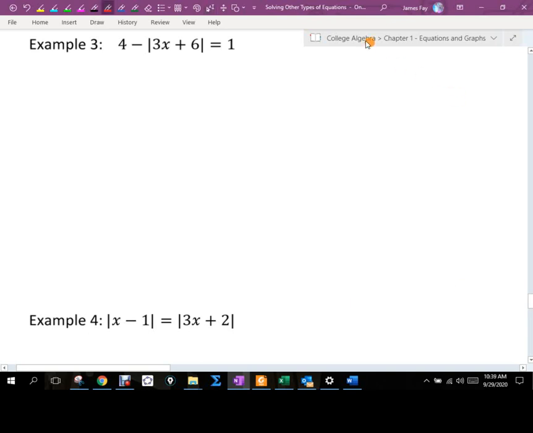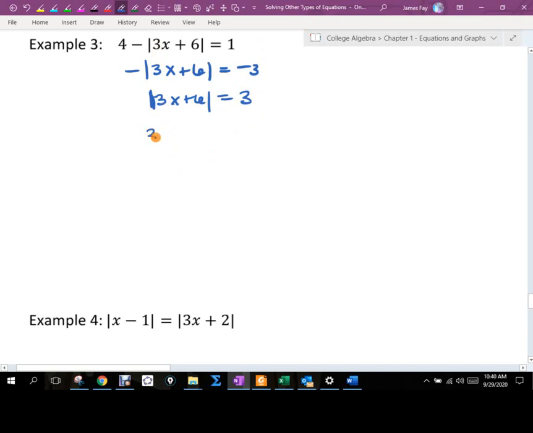All right, so what do you do first here? Okay, so you get negative absolute value of 3x plus 6 equals negative 3. Now, okay, so we get absolute value of 3x plus 6 equals 3.